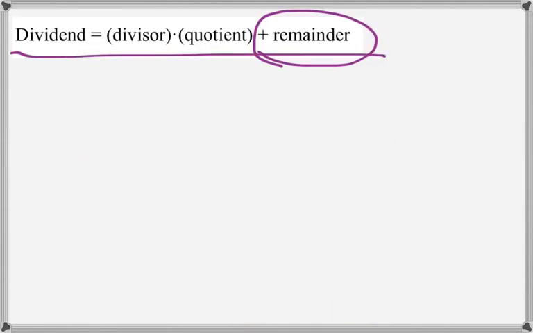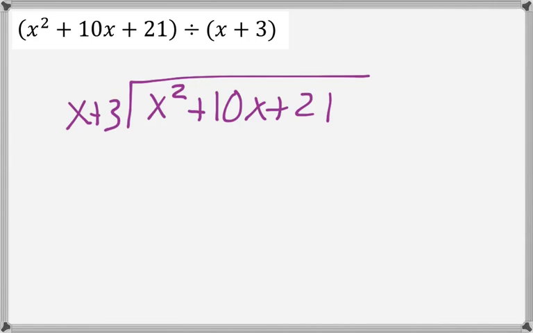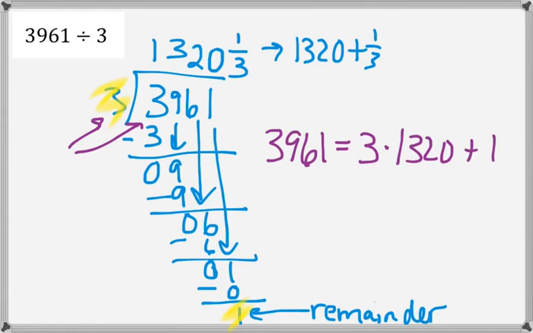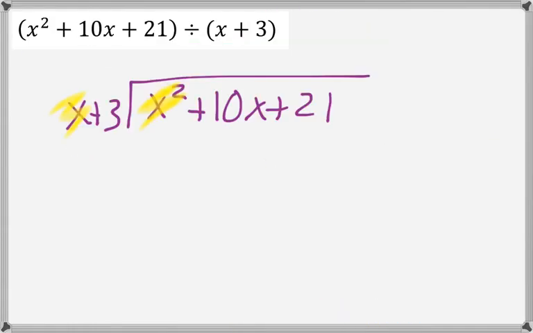Here we're going to look at the first term since these are polynomials. So we're looking at the x and the x squared there. And just like here, we said 3 times what would give us 3. Now we're saying x times what would give us x squared. And that would be x, right? If we take x times x, that gives us x squared.